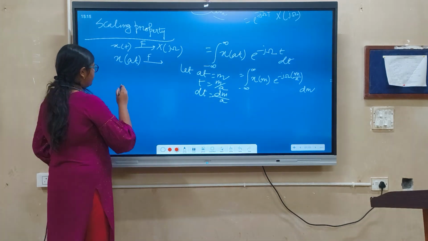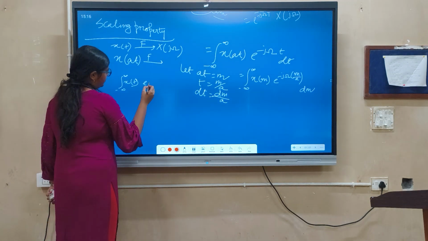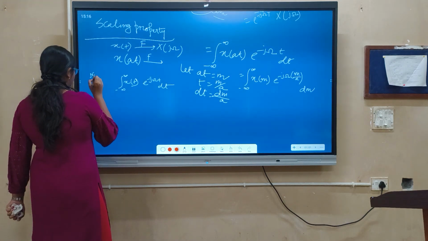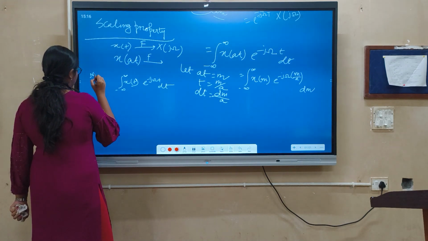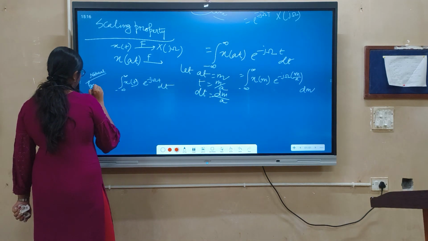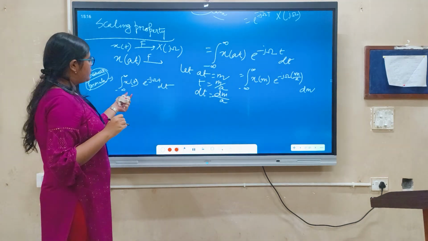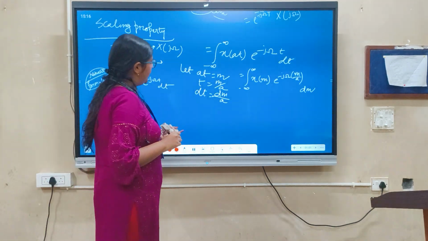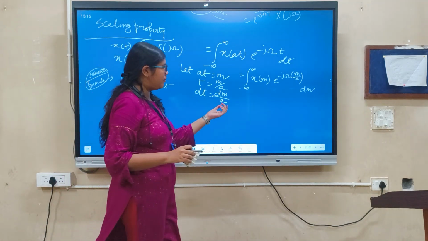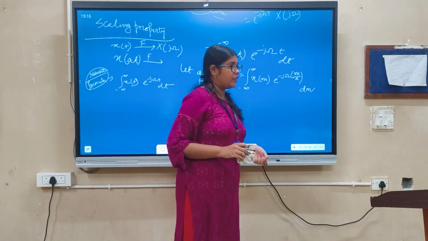Take the main formula, I am just writing it here. That is the natural formula of Fourier transform. So x of t e to the power minus j omega t dt, and instead of at we get x of a t, e to the power minus j omega m by a and dm.